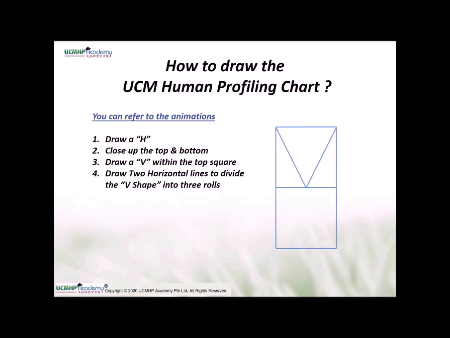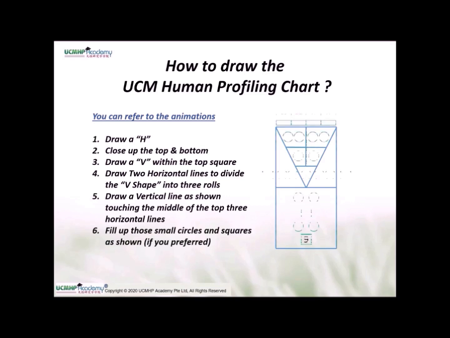Draw two horizontal lines to divide the V shape into 3 rows. Draw a vertical line as shown, touching the middle of the top 3 horizontal lines. Finally, fill up those small circles and squares as shown if you prefer.